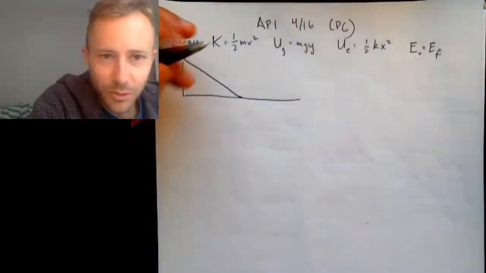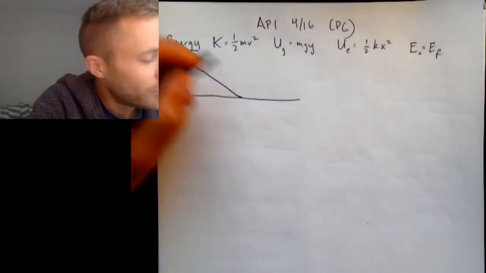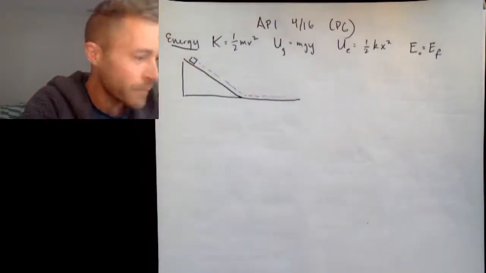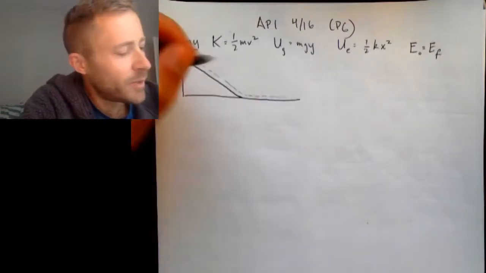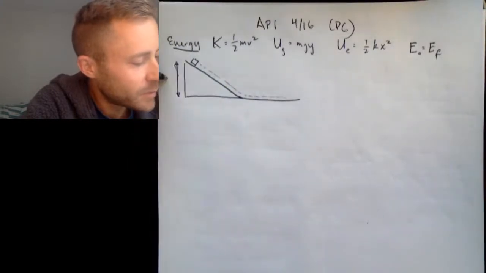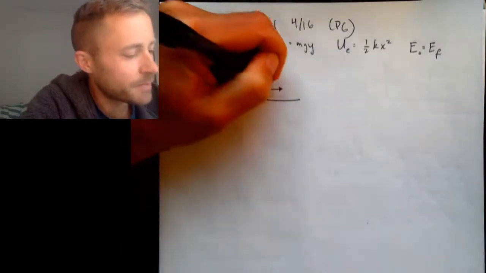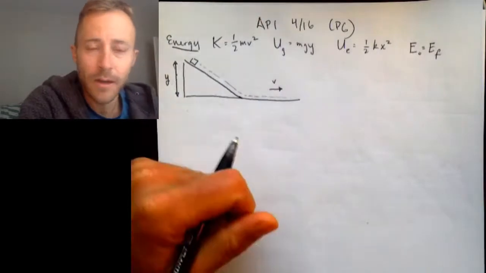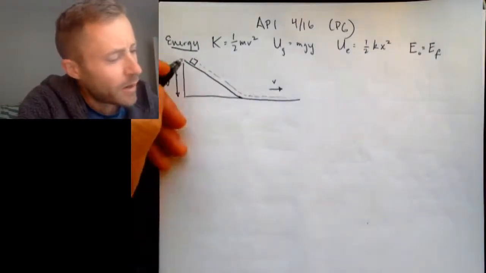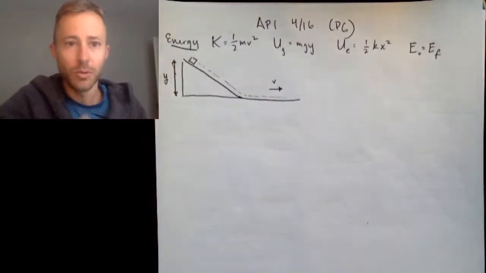Here's a really basic experiment. We have a block and we let the block slide down to the bottom. We measure its initial height, which I'll call y, and then we measure its speed once it's at the bottom. Because when we do an experiment, we never just do one trial, we do multiple trials.